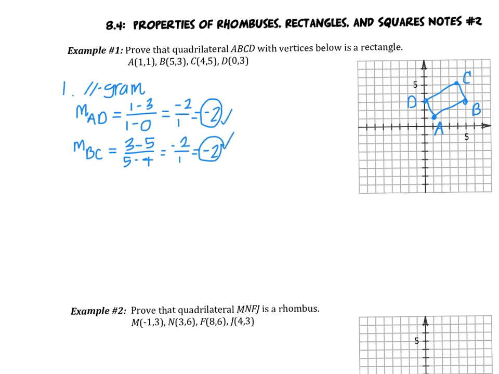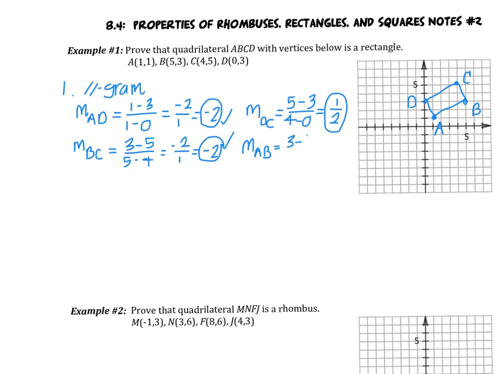I need both sides. So let me find the slope of DC. Well, DC, 5 minus 3 over 4 minus 0. That gives me a slope of 2 over 4, also 1/2. The side opposite to DC is AB.